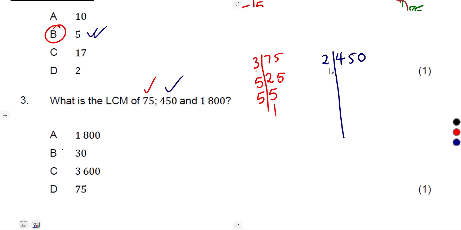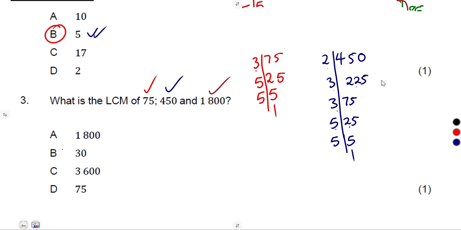The smaller prime there is 2, so 450 divided by 2 is 225. Divide by 3, that gives us 75, divide by 3, which is 25. Then we can choose a 5 there. 25 divided by 5 is 5. 5 into 5 is 1. So we are done with 450.